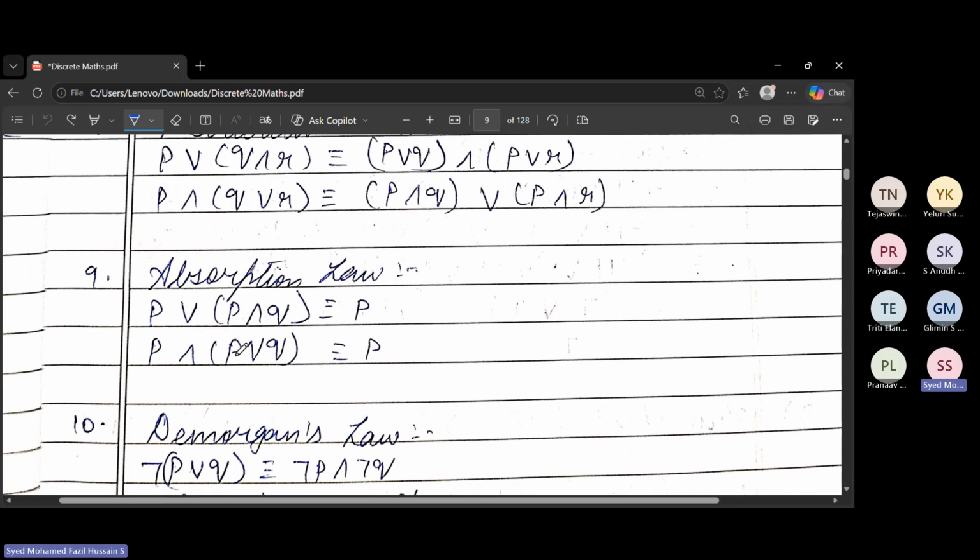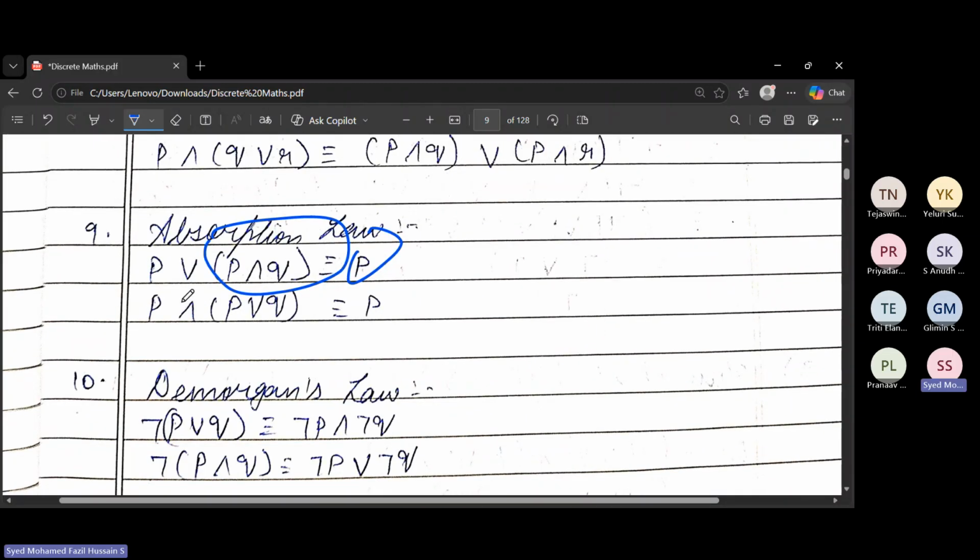Here absorption law is given. In this absorption law, as you can see, if p or p and q is given, then p absorbs this whole statement. So it only gives p as the answer. But here, it is the opposite. As you can see, if we distribute it, p or p and p or q is given, right?